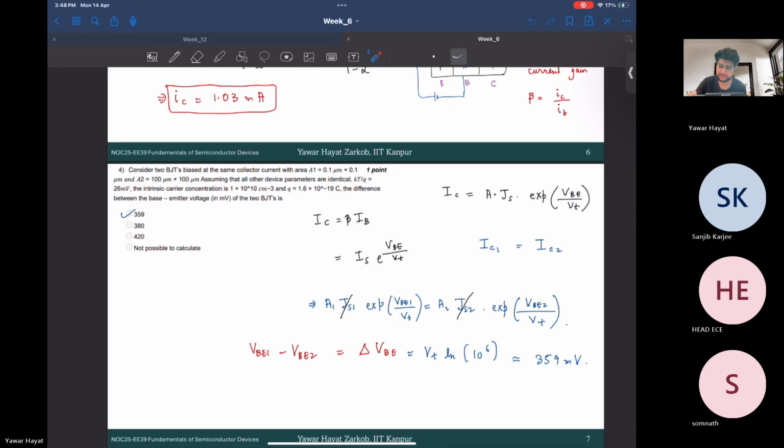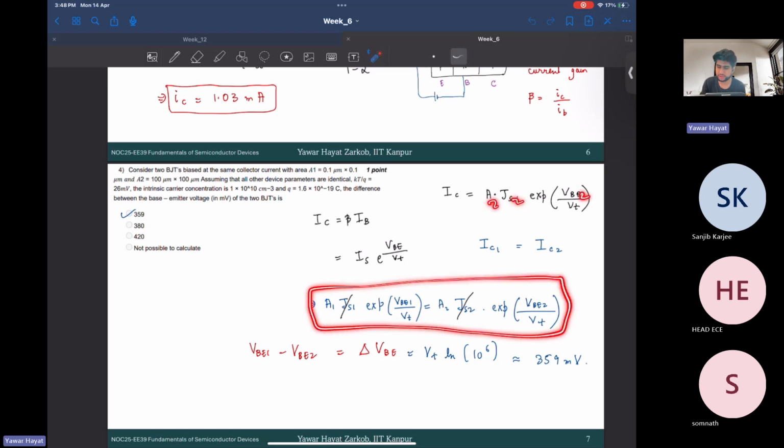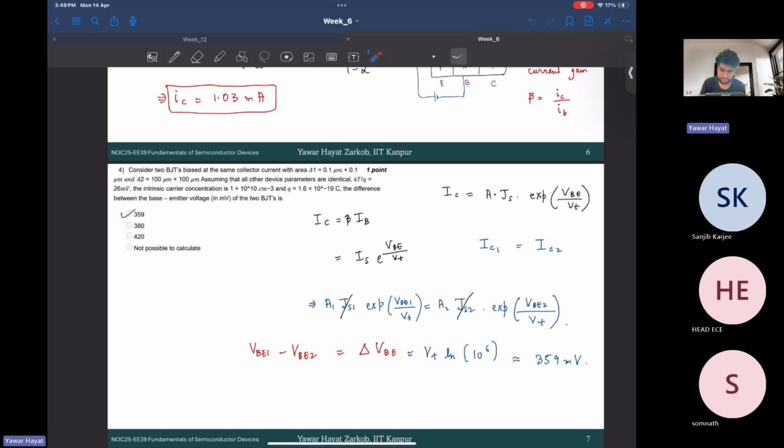So currents are the same, and I know the expressions. I write them for device 1, and similarly for device 2, and then I equate them. This and this would cancel, and I'll be left with the areas, which are known.